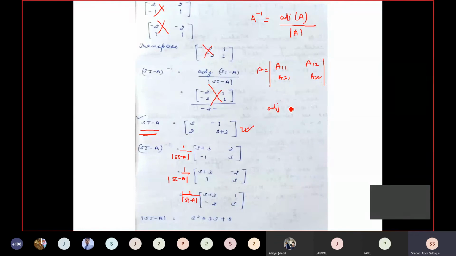Adjoint of A is nothing but we can take this position. For this position, we'll take this A22 here. So this will be A22.